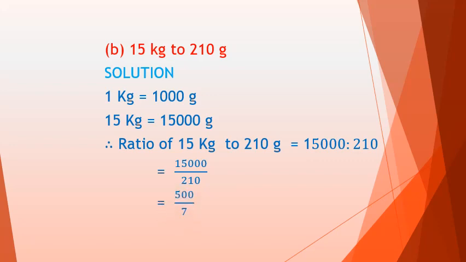After cancelling, we get 500 upon 7. Here we are asked to find the ratio. Here 500/7 is in the lowest form. So, we can write the final answer in ratio form. Hence, we get 500 is to 7. That is, 15 kg to 210 gram equals 500 is to 7.